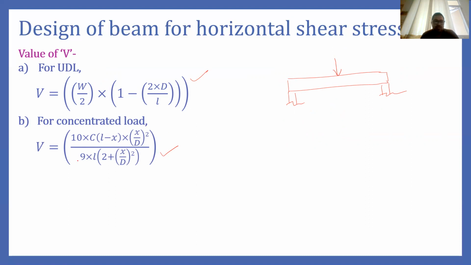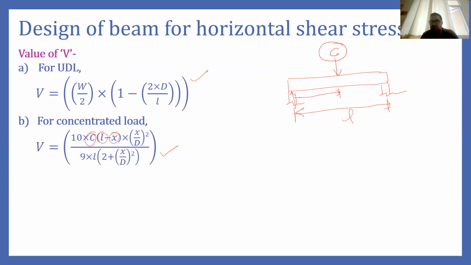So here in this case, C is the load. So we can say that C is the concentrated load having some magnitude. L is the effective span. And X is the distance from the support or reaction point to the load.